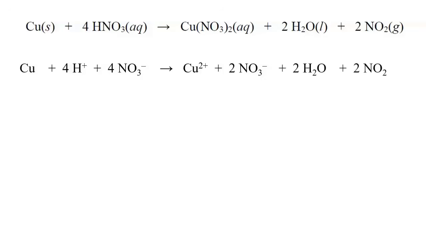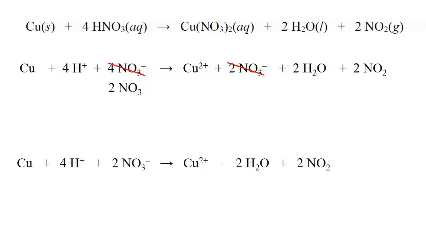So I can cross off the 2 nitrate ions on the right, and I can cross off 2 of the nitrate ions on the left. And when I do that, now my net ionic equation looks like the following. We have copper, 4H+, 2NO3-, and we have Cu2+, and water, and nitrogen dioxide.